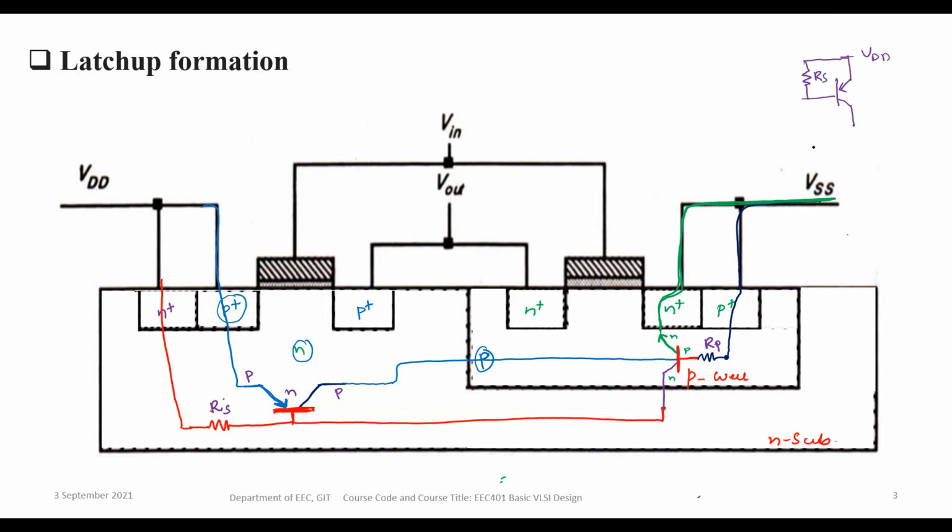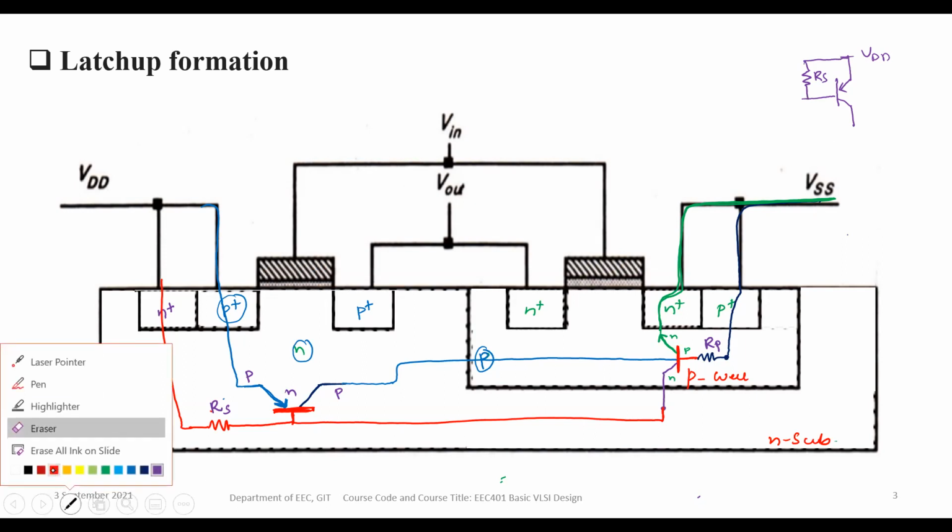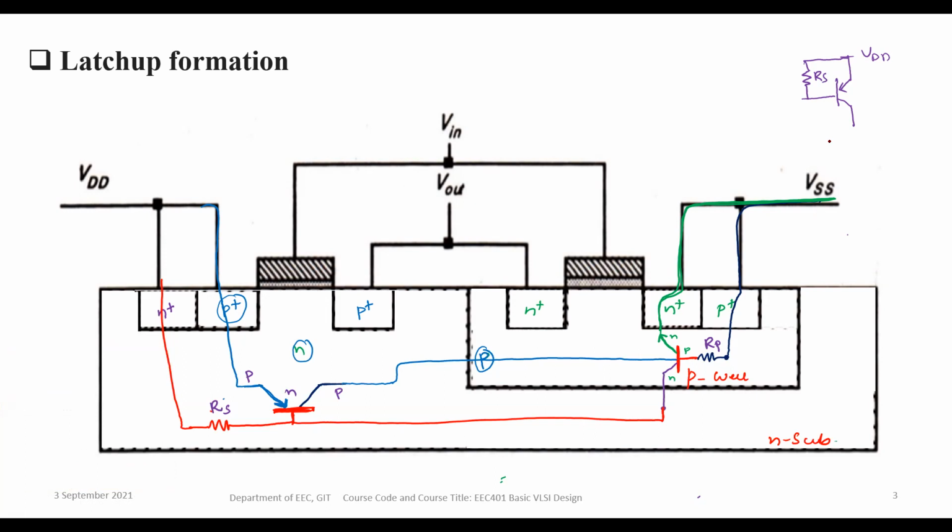Now we have another transistor here. So here we consider that there is an emitter and a base. This base and this one must be connected.